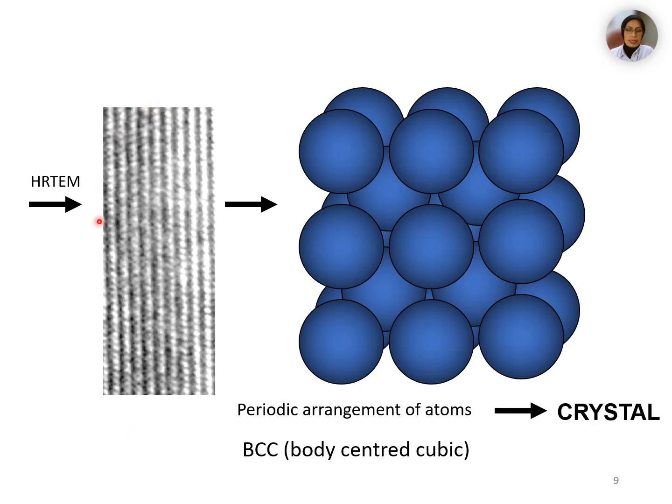You can see one dot is one atom, and if we draw it illustratively, it will look like this. Atoms, atoms, and this periodic or ordered arrangement is called body centered cubic, and this periodic arrangement is called a crystal. So steel is a crystal.